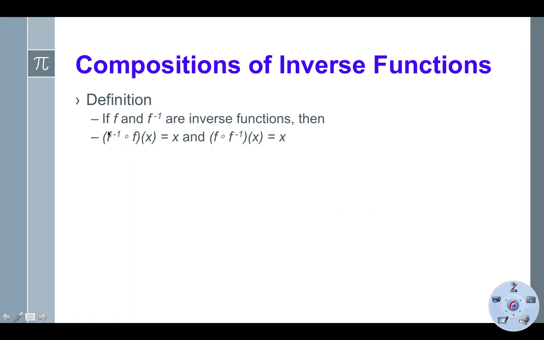And if we do that, we know that the composition of two functions that are inverses will result in the answer of x. So there's two different questions that could be asked here.